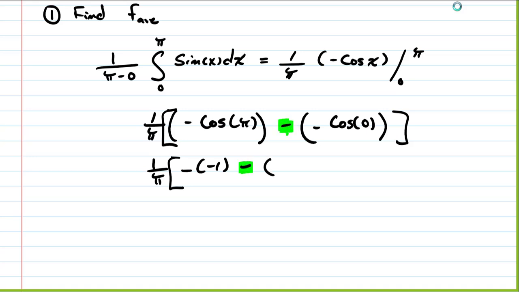Inside I have this minus, and what's the cosine of 0? 1. So we get 1 over pi, and all those minuses turn into pluses, and 1 plus 1 is 2, so we get 2 over pi. So that's our f average.